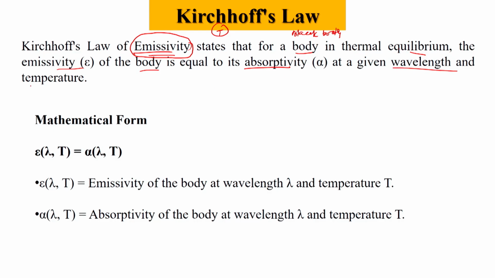If you keep the same wavelength, the absorptivity and the emissivity will be the same. This is very important. When this value becomes 1, it is usually called a perfect emitter.